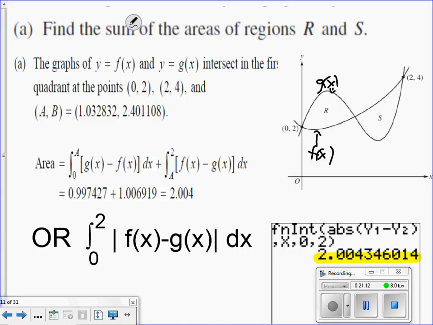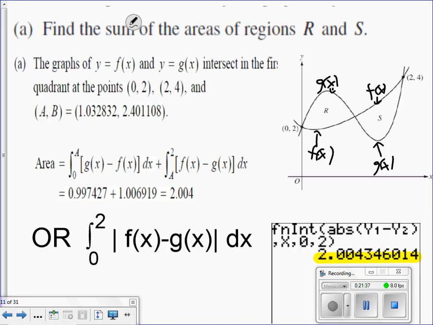That's the area of the first region. And then to get the area of S, you do its y top, which is now f of x. See, they flip-flopped. Minus y bottom. So you're integrating f of x minus g of x, y top minus y bottom, dx from a to 2. That region.